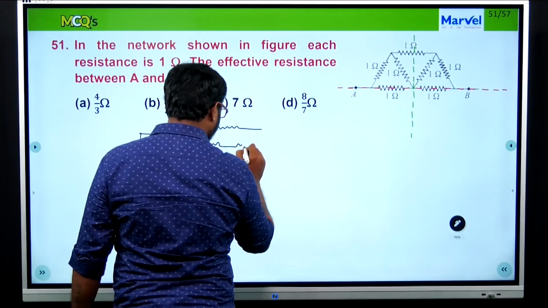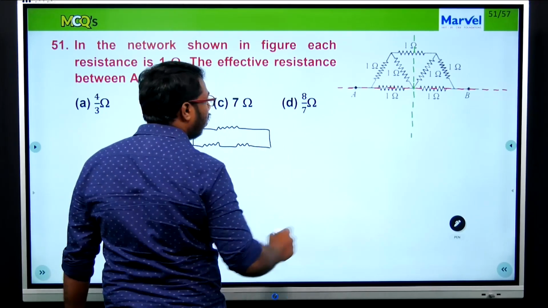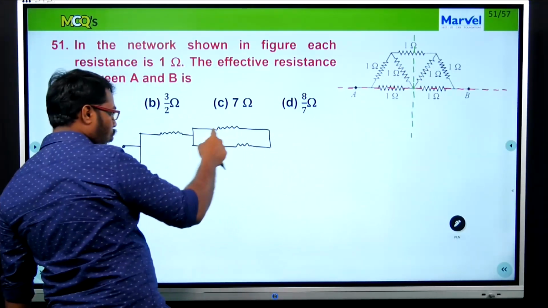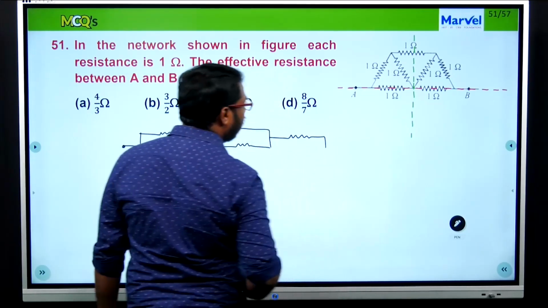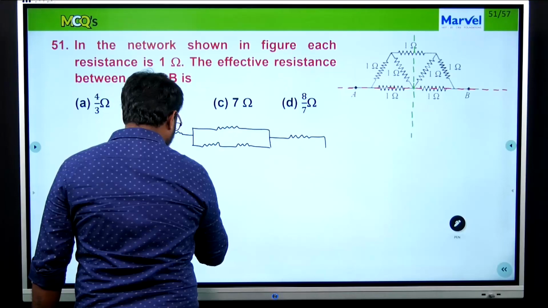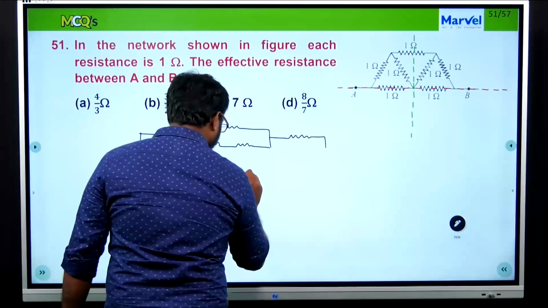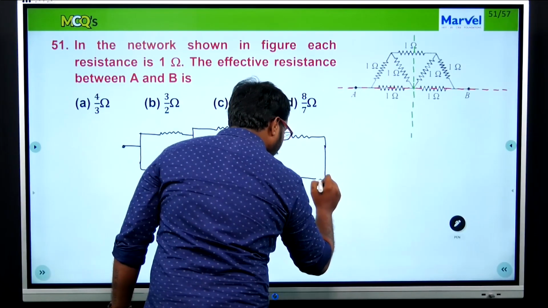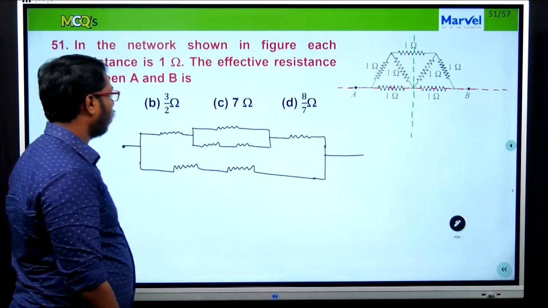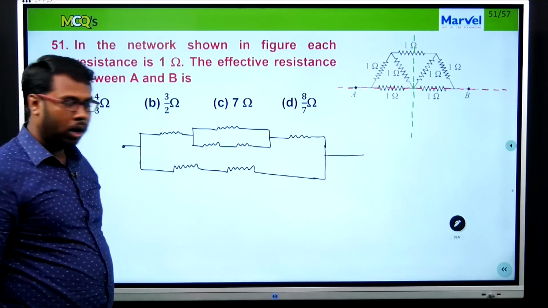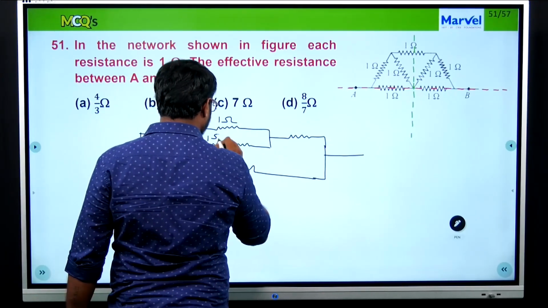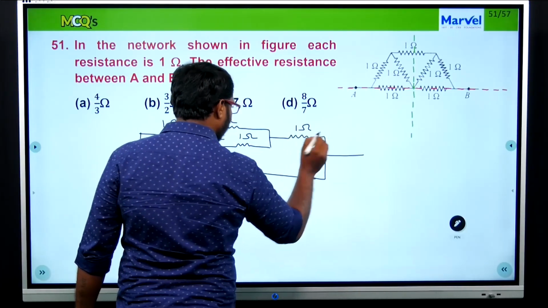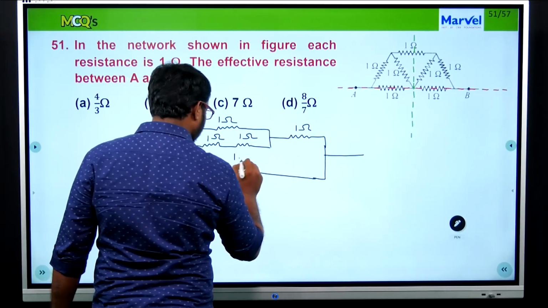Here there are two resistors that are put together, 1, 2, 3, and another resistance comes in here, which is connected to the two other resistances in here, like this. So all are 1 ohm resistances: 1, 1, 1, 1, 1, 1 and 1.